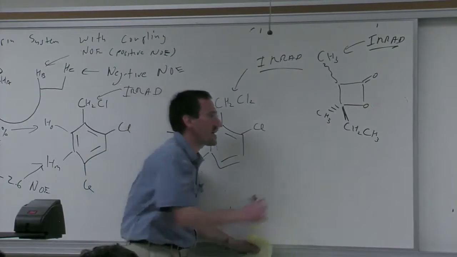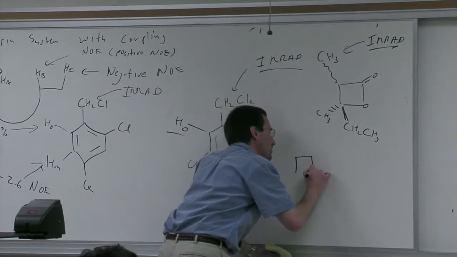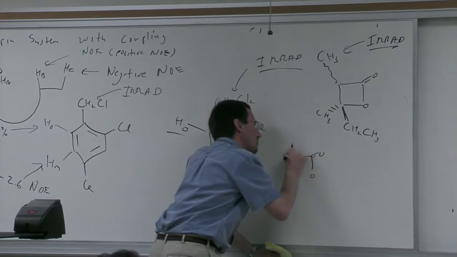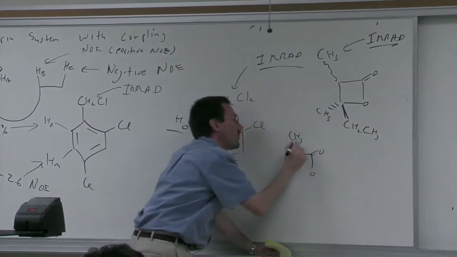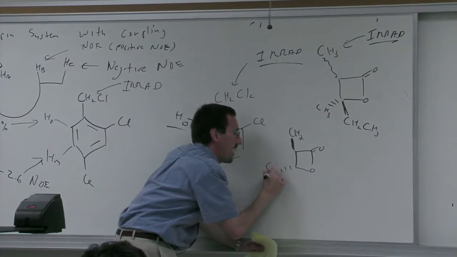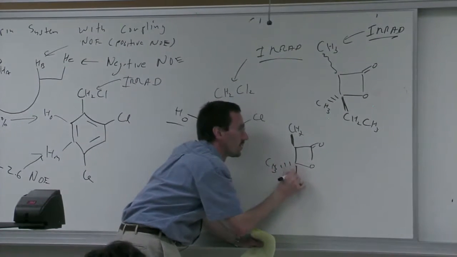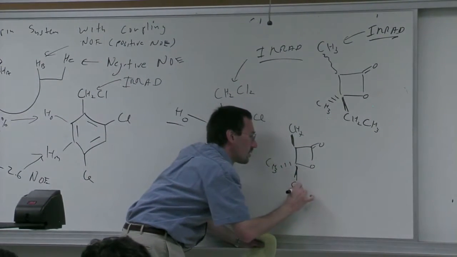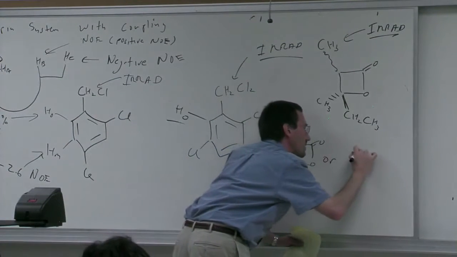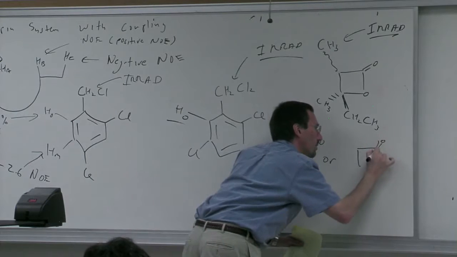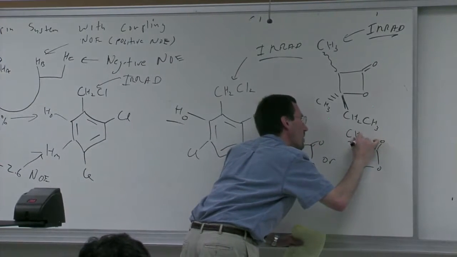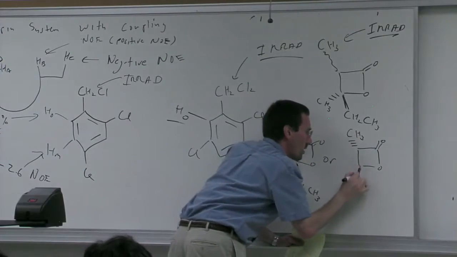And you could then address the question of whether your diastereomer was the cis or the trans relationship between the two methyl groups. In other words, whether we had this diastereomer or this diastereomer. And it would enhance the one that's on the same side, right? More, it would enhance it more.